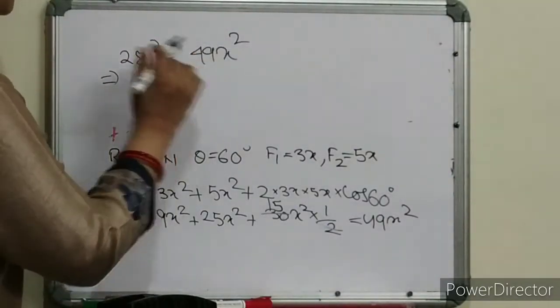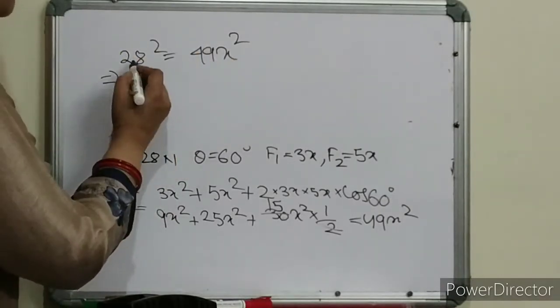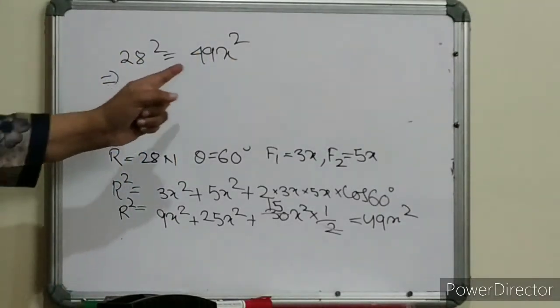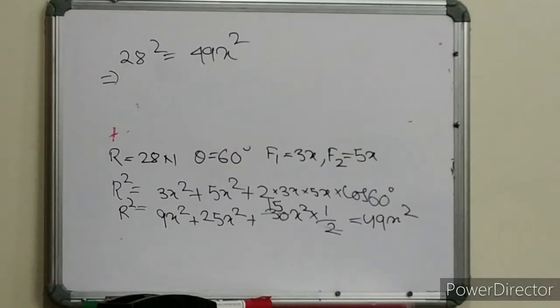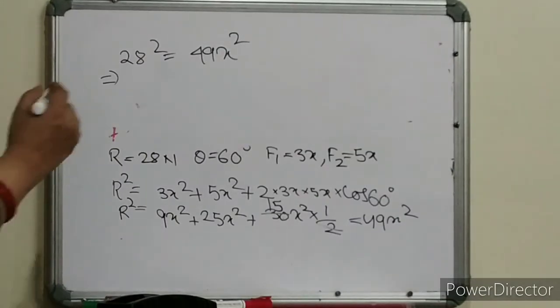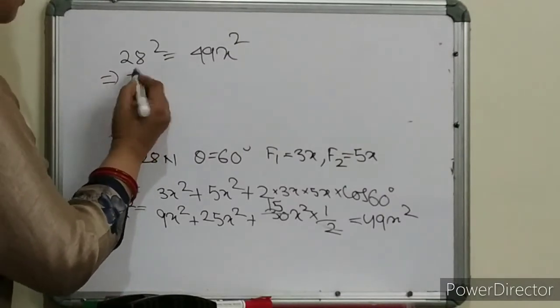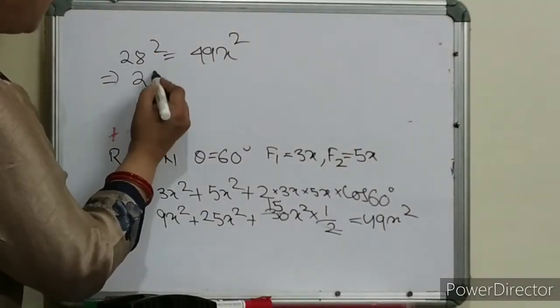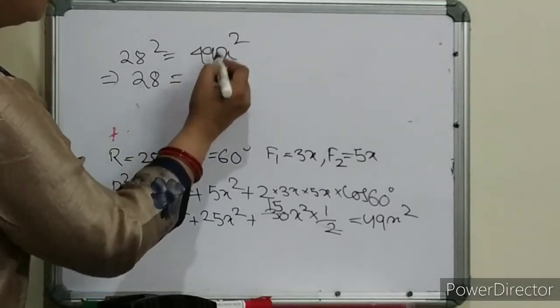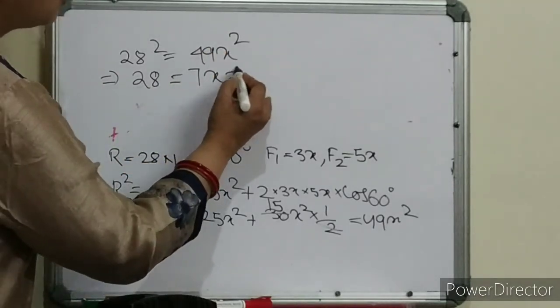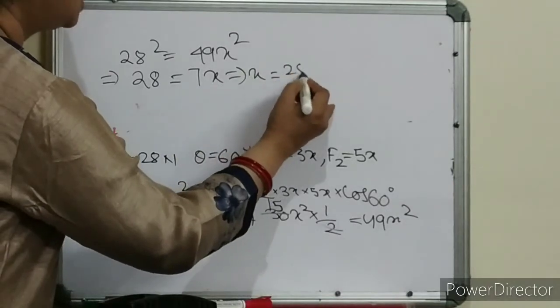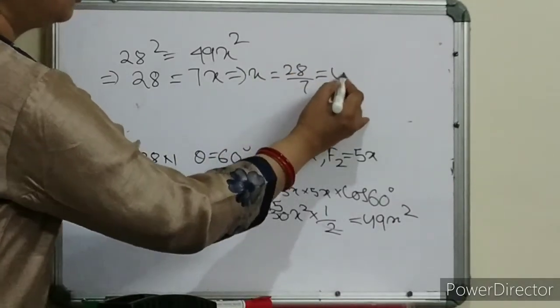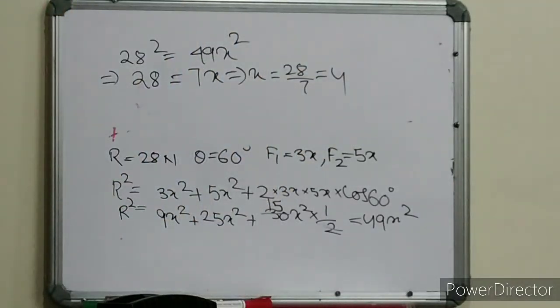Then take the square root from both sides. So the square root of 28 square is 28, and the square root of 49x square is 7x. So what is your x, children? This is 28 by 7, which is 4. Your x is equal to 4.